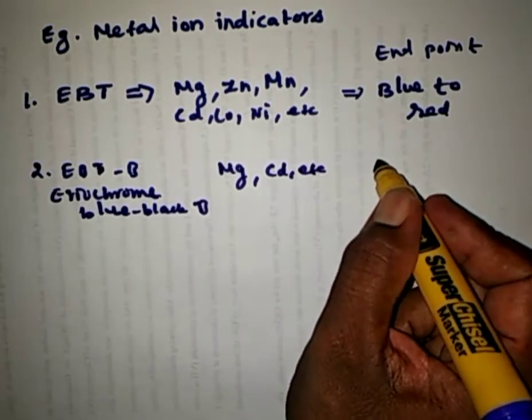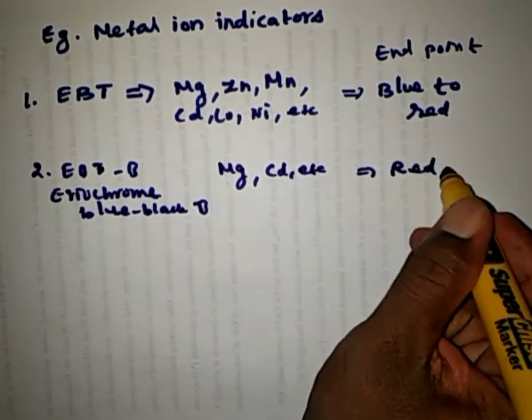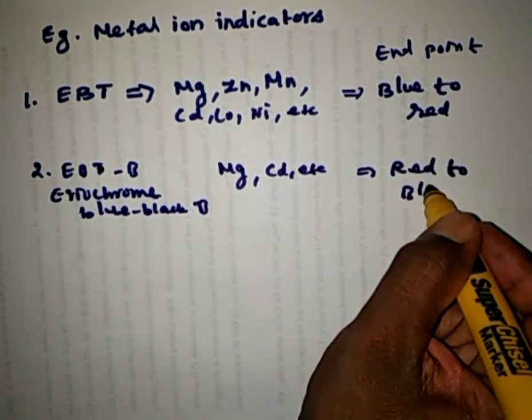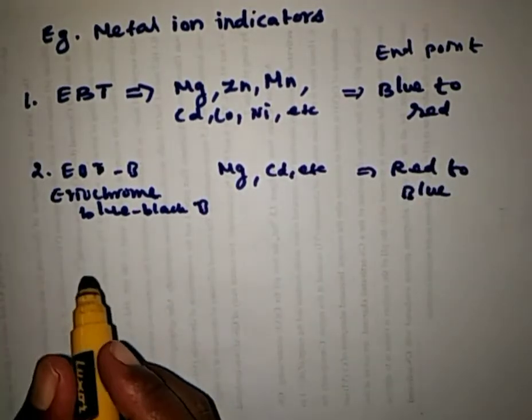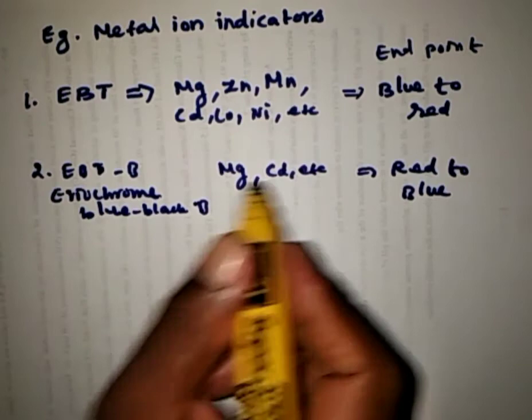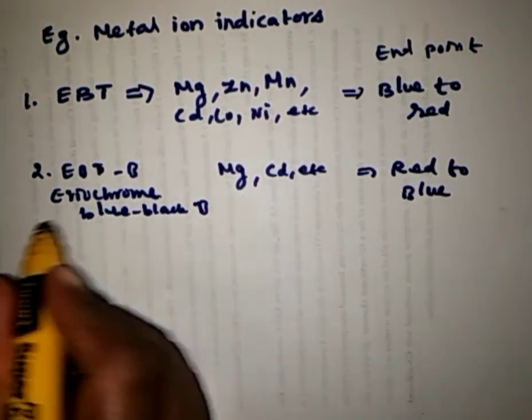Here the red color is changed into the blue color. So this is EBT B. By using this, we can estimate these metal ions.